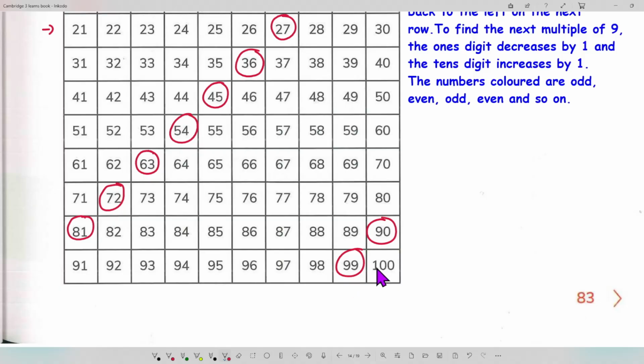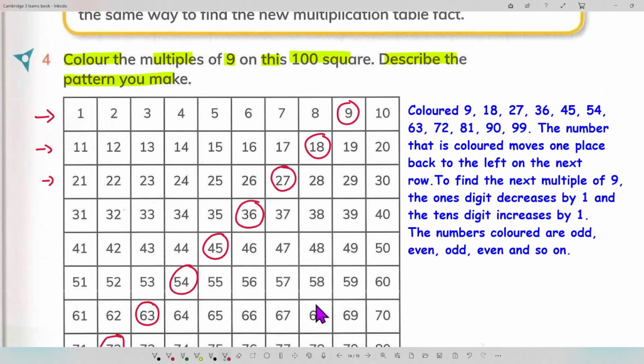So it decreases by 1. We can write it this way: colored 9, 18, 27, 36, 45, 54, 63, 72, 81, 90, 99. The number that is colored moves one place back to the left on the next row.